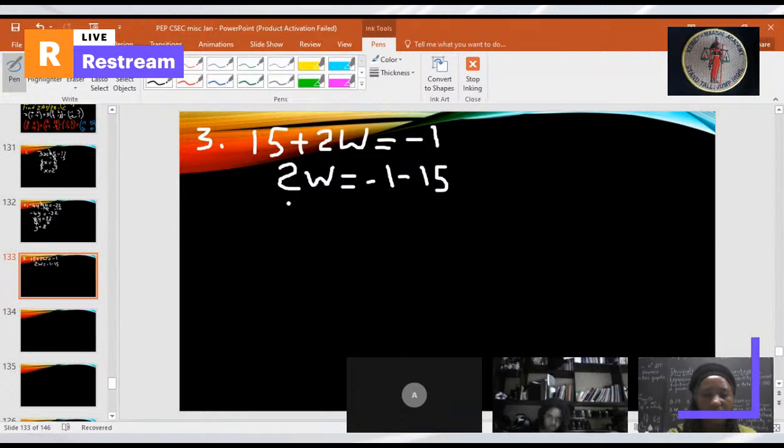Miss, divide negative 16 by 2, Miss. Okay, so first we need to write that negative 1 minus 15 is negative 16. And then what? Miss, you're going to divide negative 16 by 2. And what do we do with this 2 here?